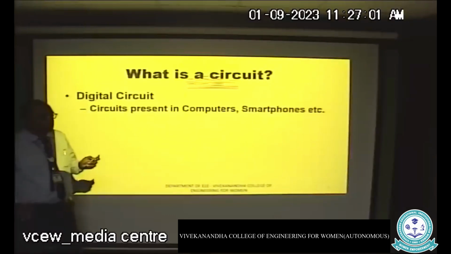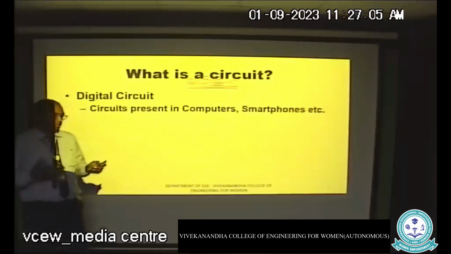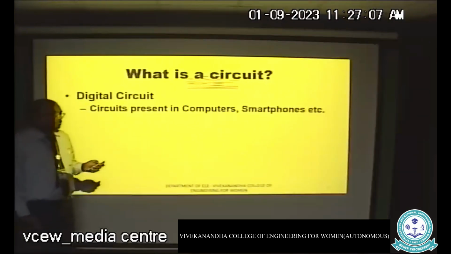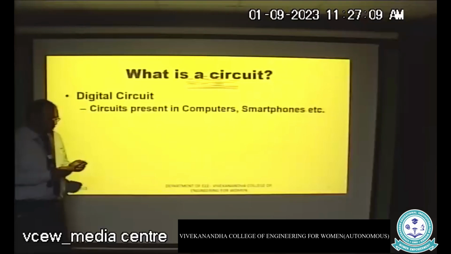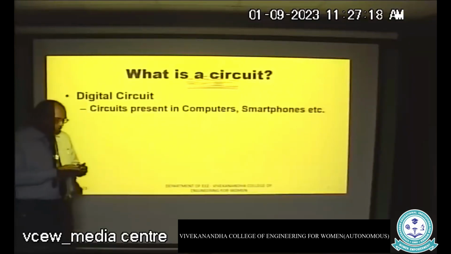Digital circuits have evolved vastly in the last 20 years, especially after people started learning lots of programming languages and started moving towards the electronics market. Things have changed very rapidly.